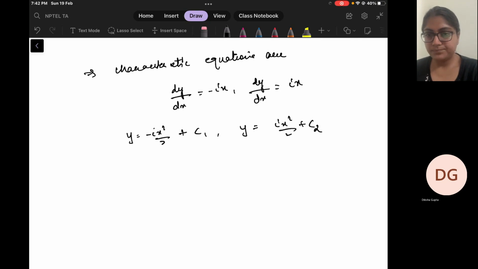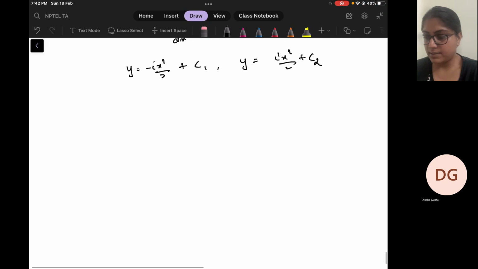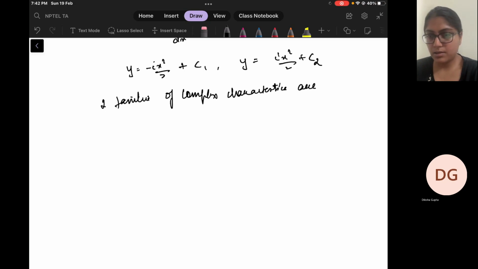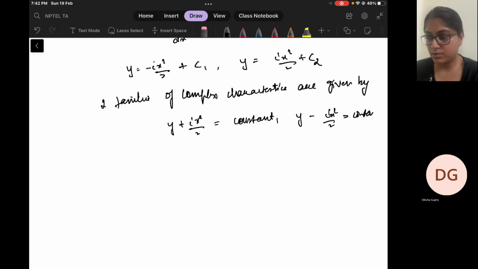So we see that the two families of complex characteristics are given by y plus iota x squared by 2 is equal to constant, and y minus iota x squared by 2 is equal to constant.